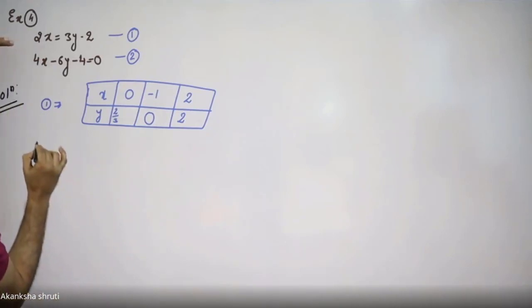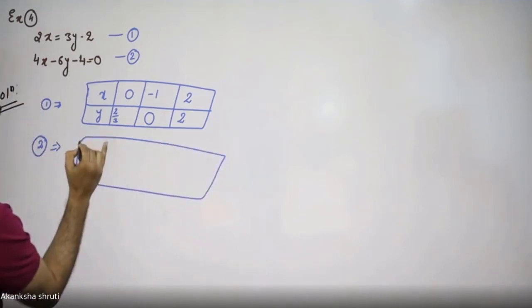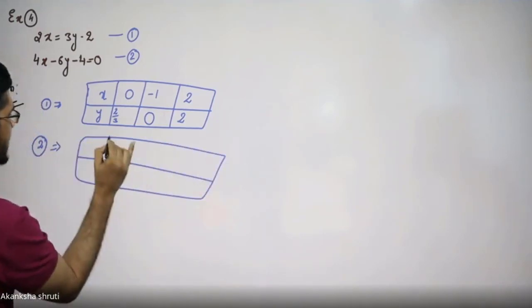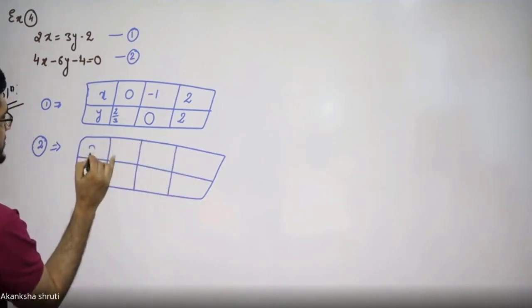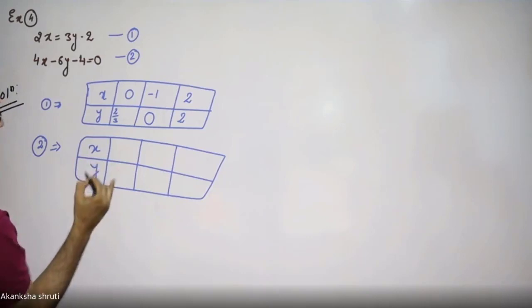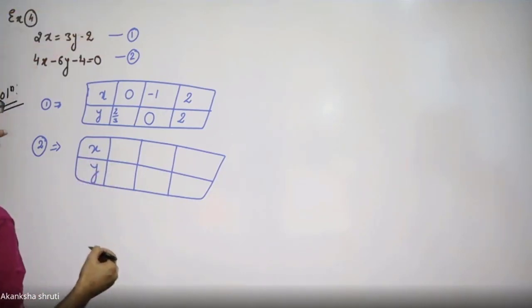Now the same thing we have to do for the second equation. Take the second equation, make a table, tabulate the value of few solutions. Let us take the x here and y here. Forget the first one, come for the second.